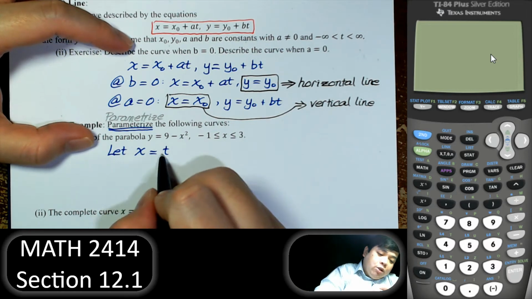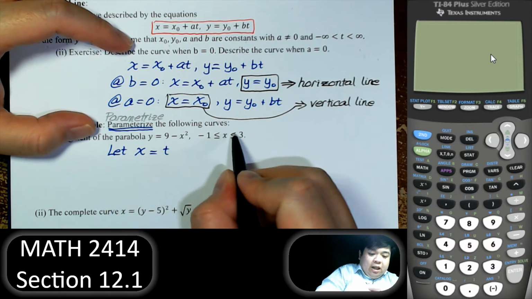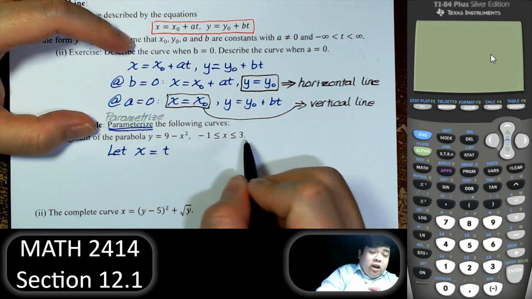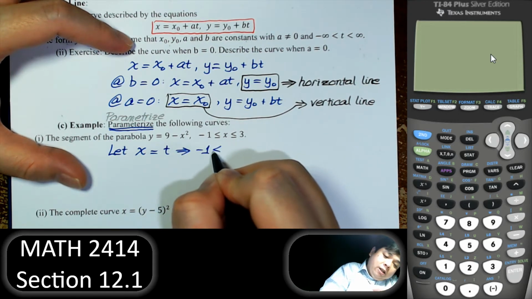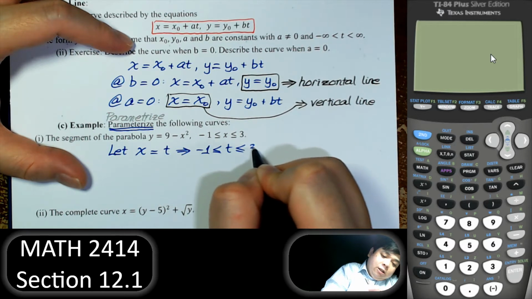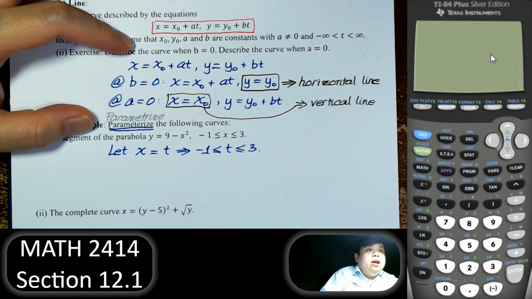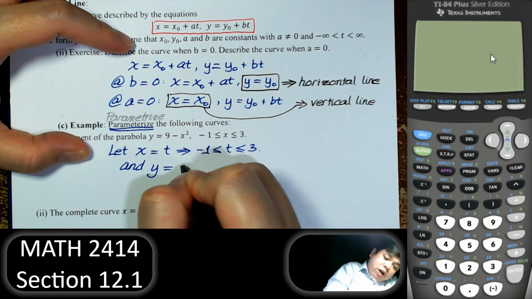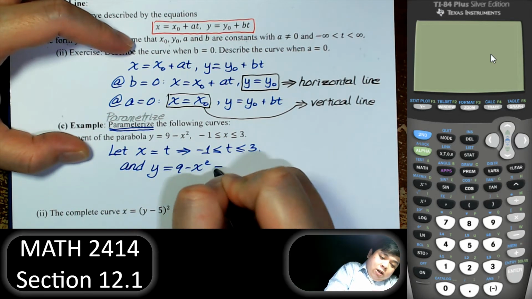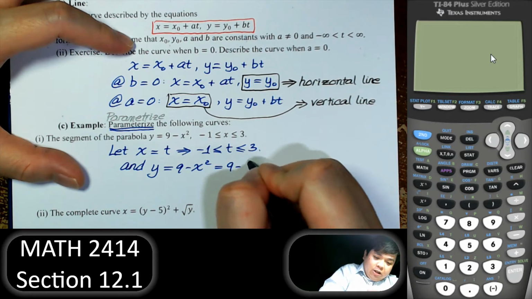Right. If we choose x to be t, then x between negative 1 and 3, so we also have the same thing for t. Right, and then y equal to 9 minus x squared will be equal to 9 minus t squared.